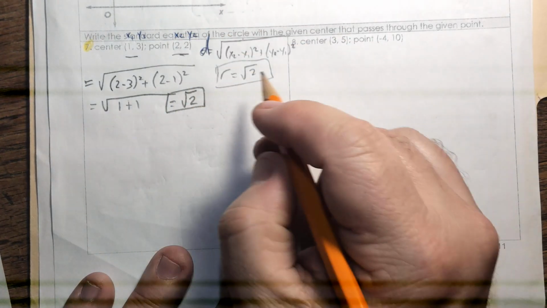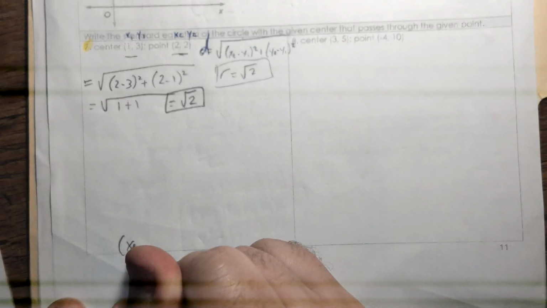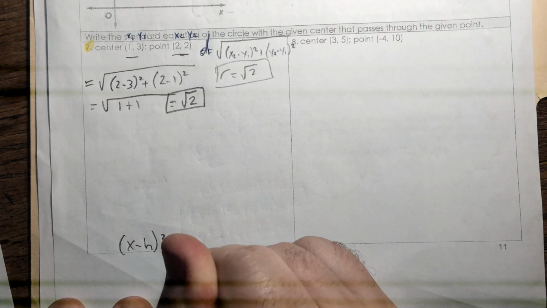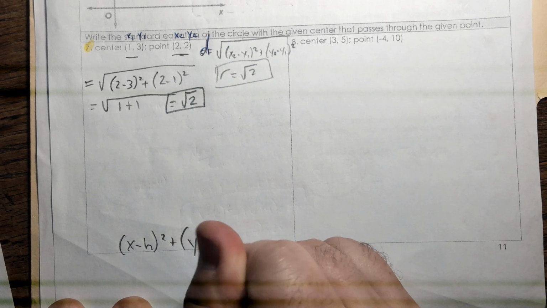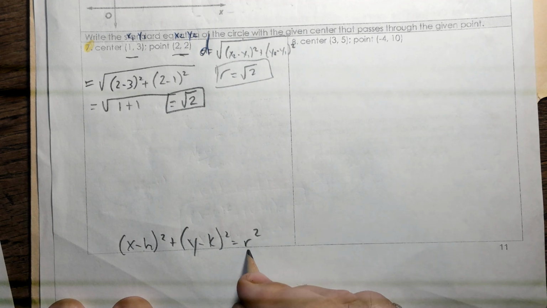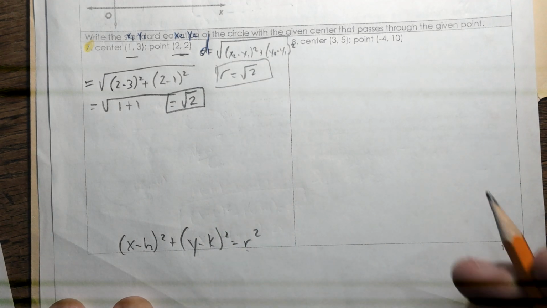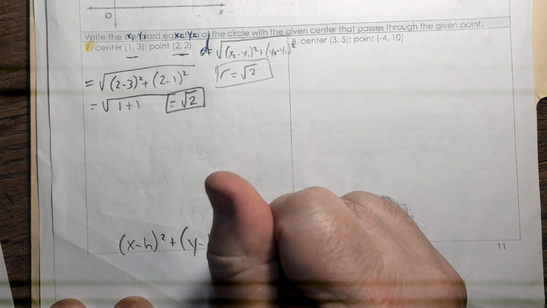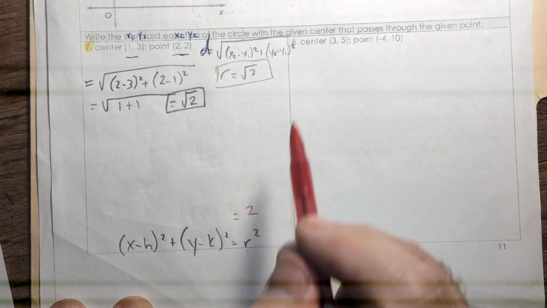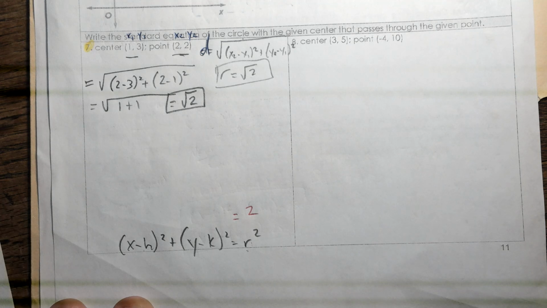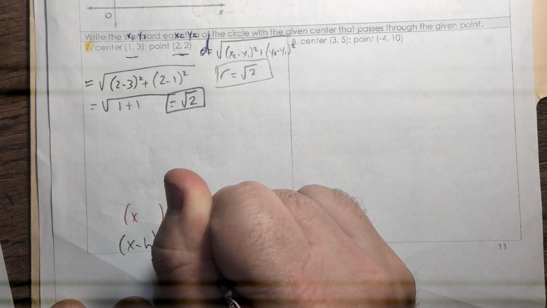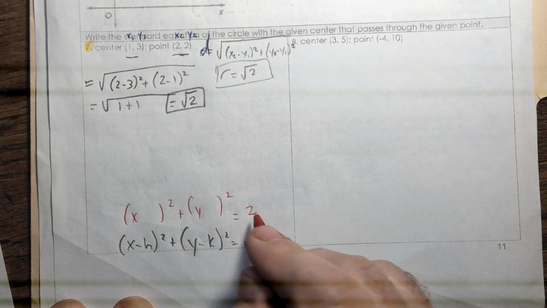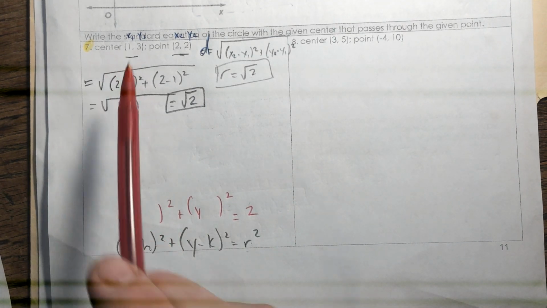So when we square our radius, because down here our formula is x minus h squared plus y minus k squared equals radius squared, the square root of 2 squared is going to be 2. So above this, we can go ahead and write 2. So we got x plus we got y, and we got the radius. Now the center, remember, that's our h, that's our k.